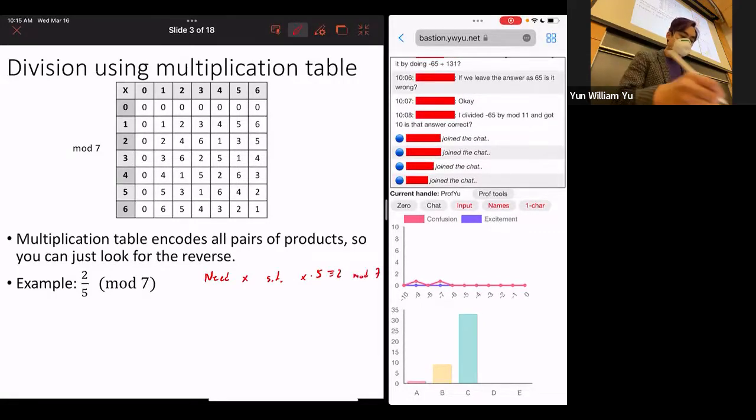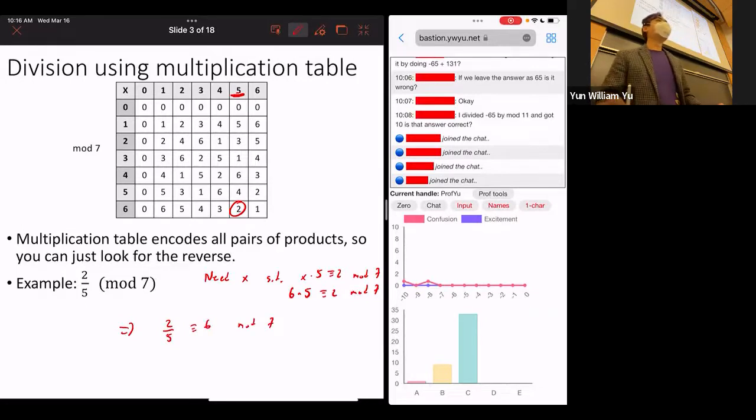So you're looking in the 5 column. What times 5 is equal to 2? Well, 6. So 6 times 5 is congruent to 2 mod 7, and therefore 2 divided by 5 is congruent to 6 mod 7. So that was division, and you can just reverse it by looking it up in the table.